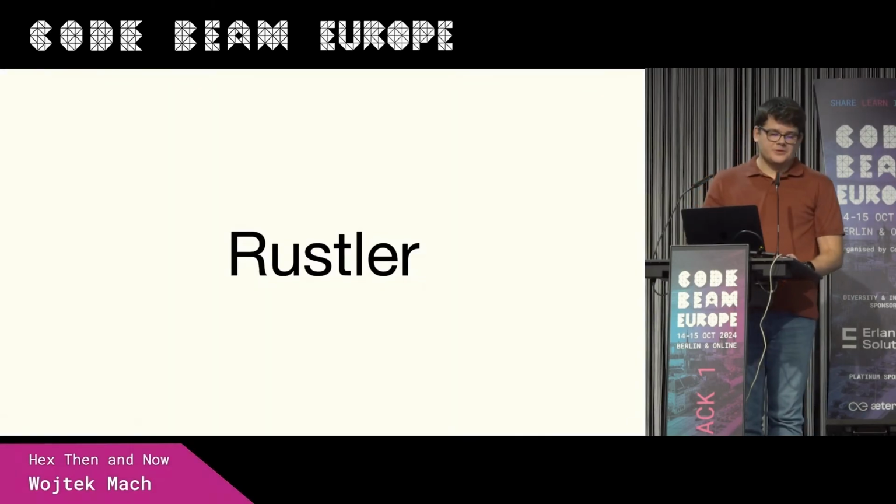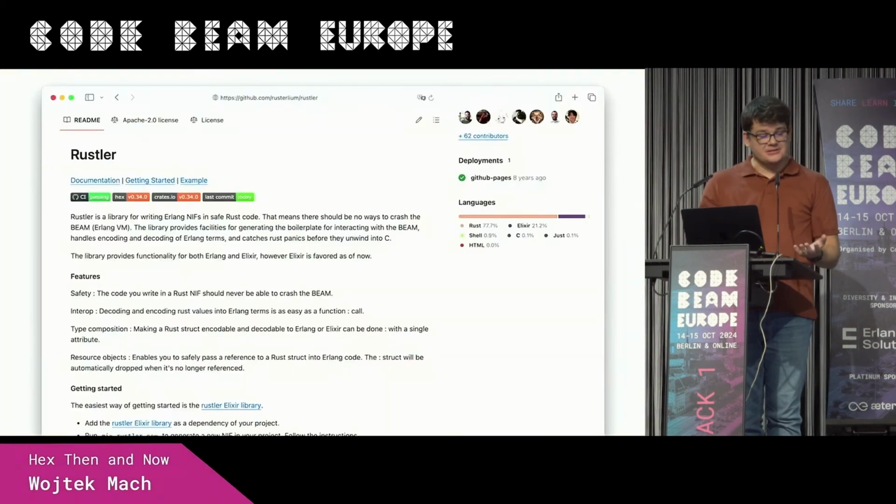I very briefly wanted to mention one other package, which again, I'm not really a user of, I'm a happy user of dependent libraries. That is Rustler. Rustler allows us to write NIFs, or natively implemented functions.